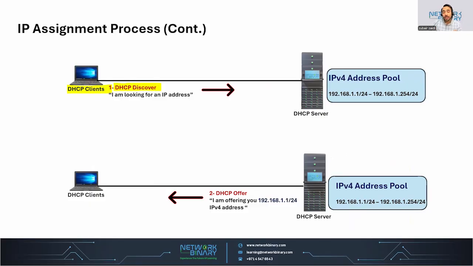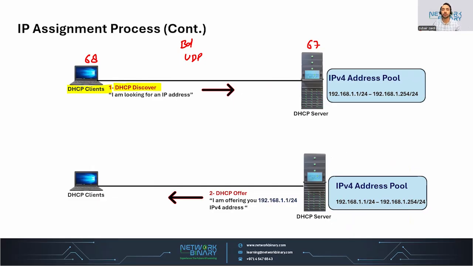And again, this is broadcast communication. We already have seen it uses the UDP protocol at the transport layer with the source client port number 68 and the destination DHCP server port number 67.